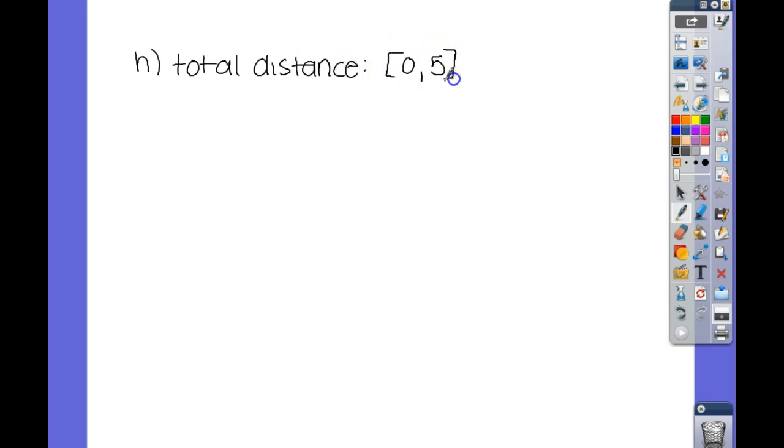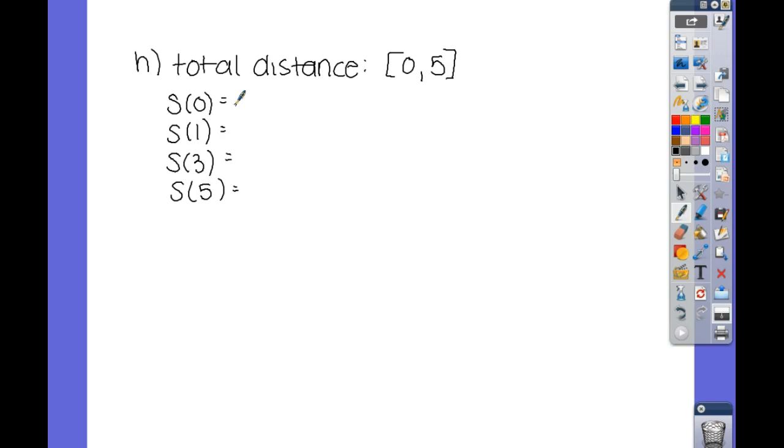Okay, so we need to find the position of the particle at S of 0, S of 1, S of 3, and S of 5. We found a lot of them on the previous parts graphing.